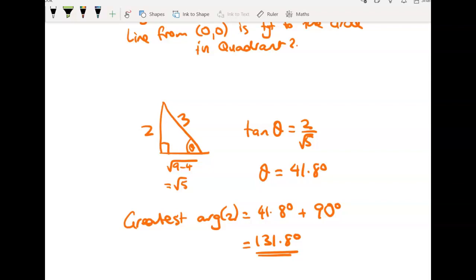Right, so the greatest value of arg z is at point P. Right, so point P is where the line from 0, 0, or 0 plus 0i is tangent to the circle, and I might just say in quadrant 2 or something like that.